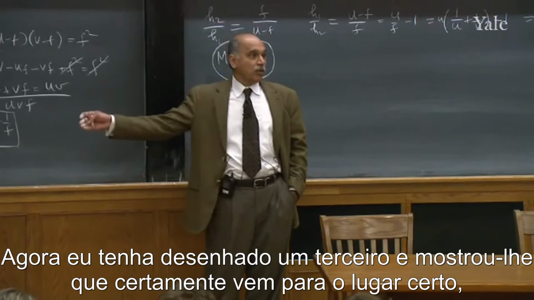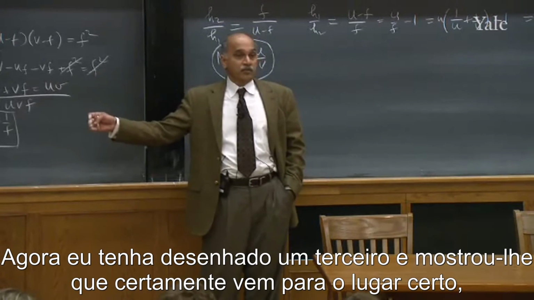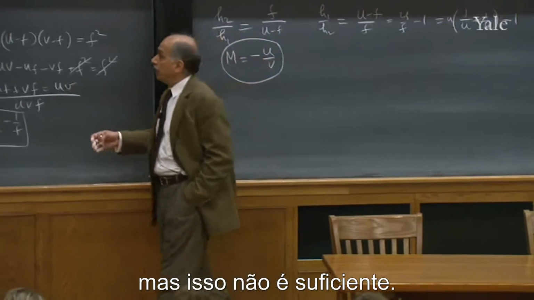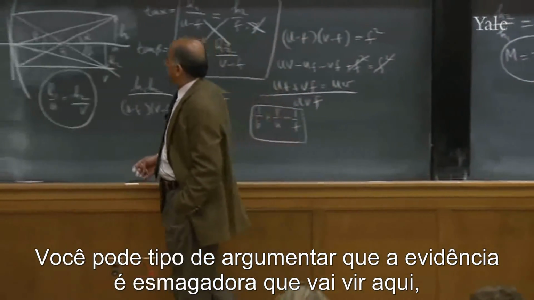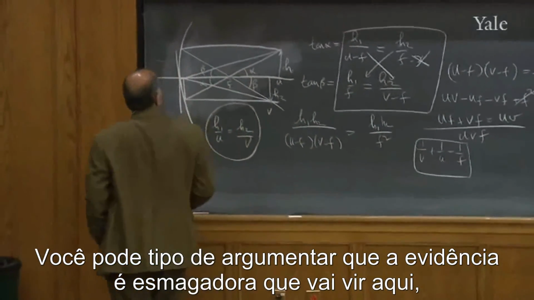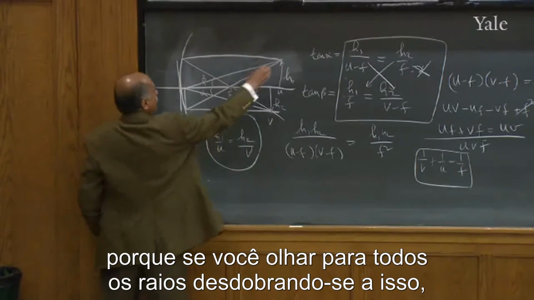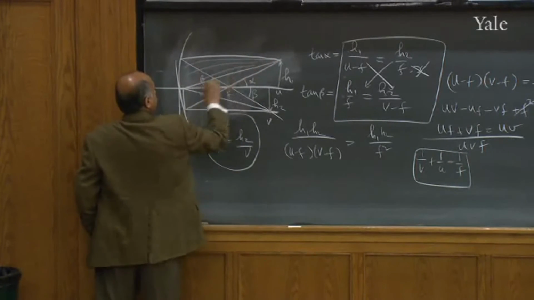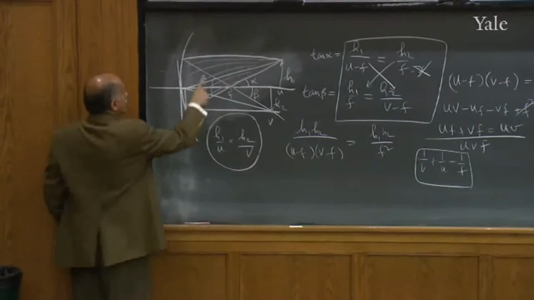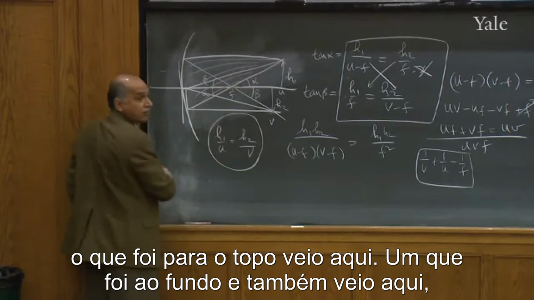Now I've drawn a third one and shown you that it certainly comes to the right place, but that's not enough. Well, you can sort of argue that the evidence is overwhelming. It will come here, because if you look at all the rays fanning out of this, the one that went to the top came here.